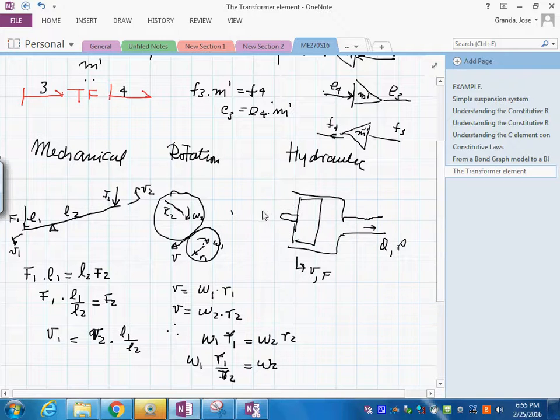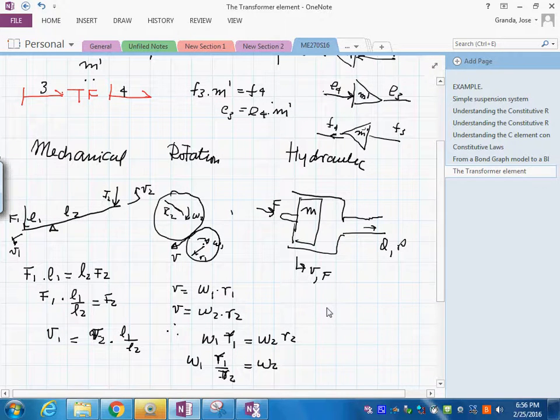Pressure is equal to force divided by the area, so that area is here like this.